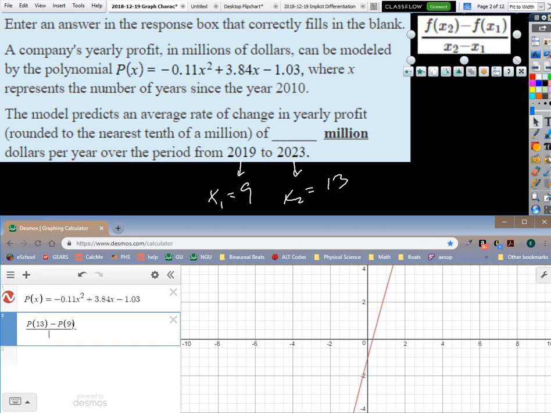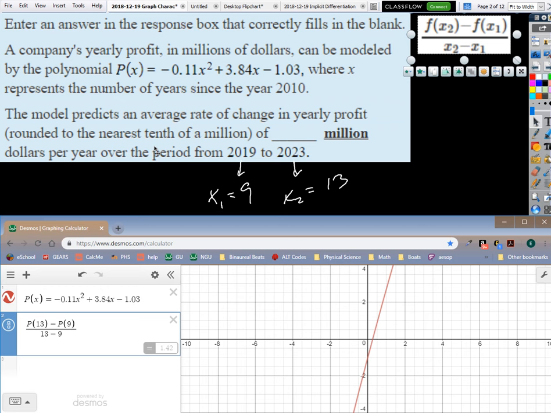I'll divide the whole thing by final input minus starting input, so 13 minus 9. And it gives me the answer right there. You guys see that? So it's 1.42. It wants it rounded to the nearest tenth. And so what's that tell me that the answer is? 1.4. Right. You guys see that?